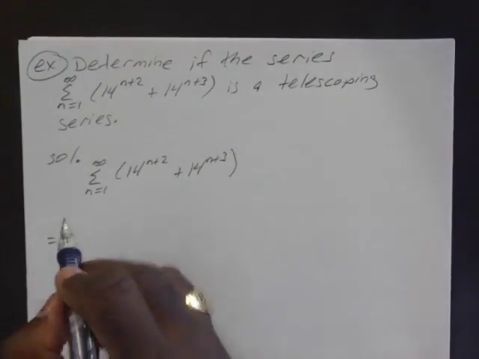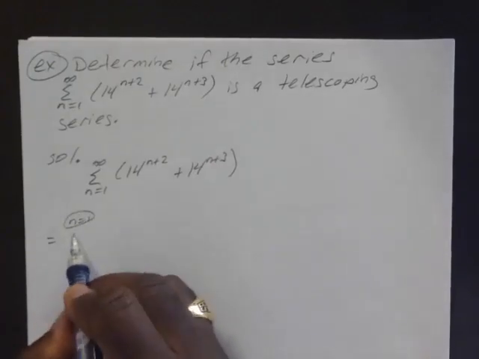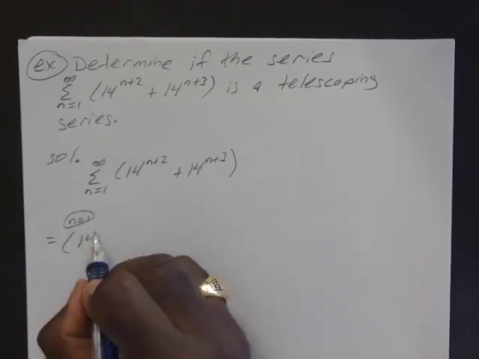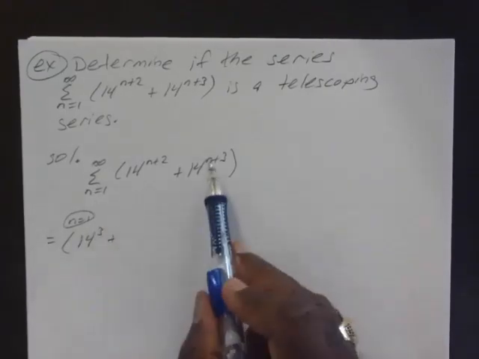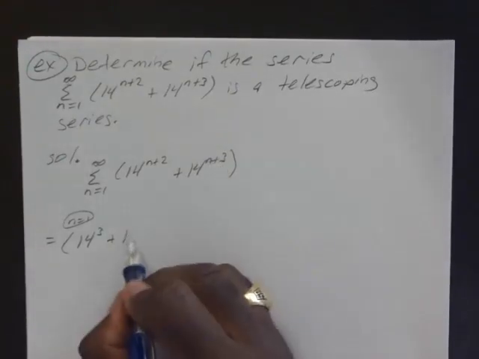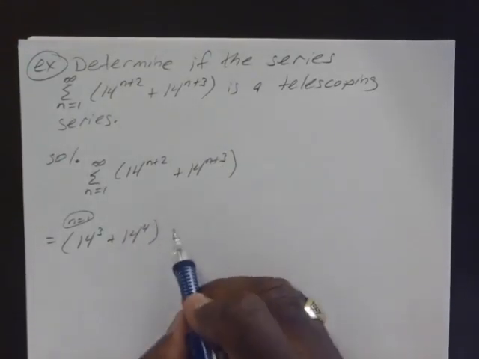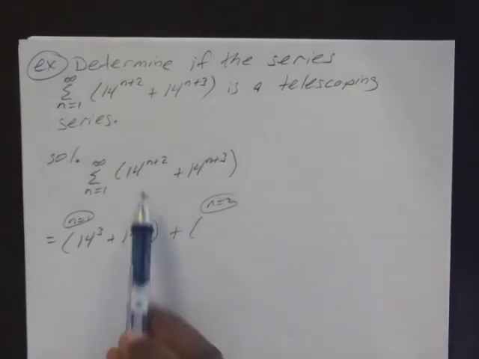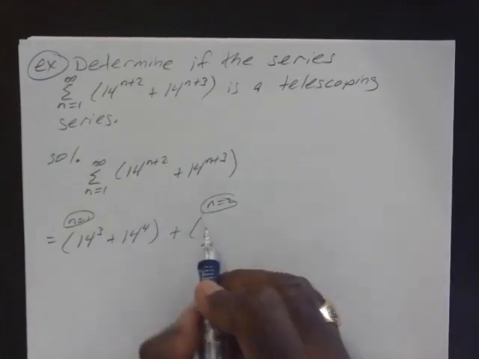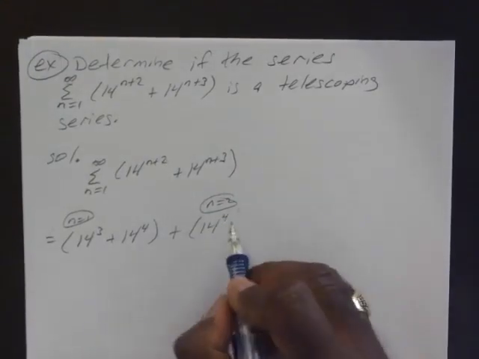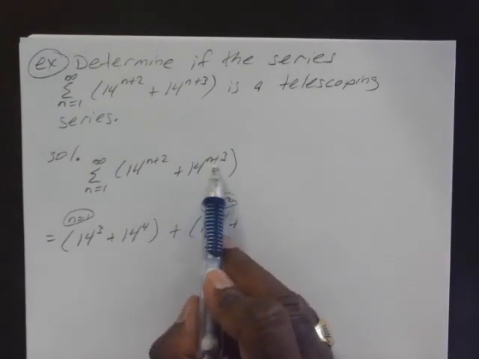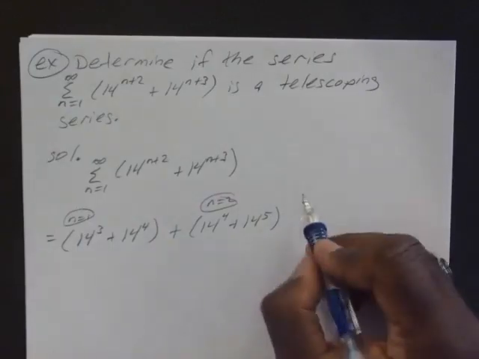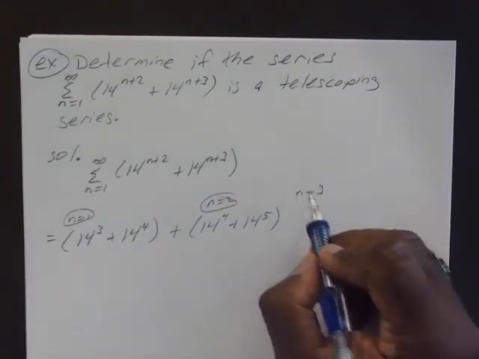We know that's equal to, plug in n equals 1. We get 14 to the 1 plus 2, so 14 to the third power, plus 1 plus 3 is 4, so it's 14 to the fourth power. Now we plug in n equals 2. 14 to the 2 plus 2 power is 14 to the fourth power, plus 14 to the 2 plus 3 gives us 14 to the fifth power. Plug in n equals 3.